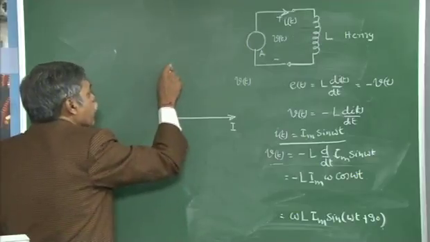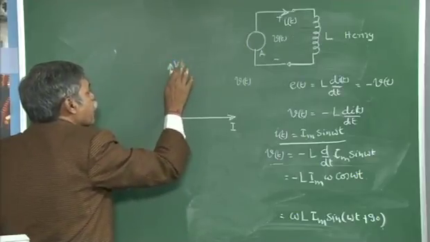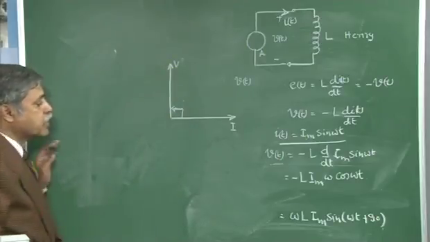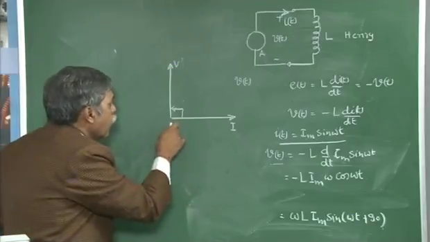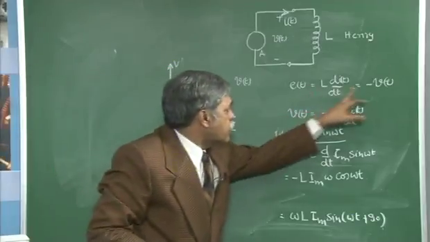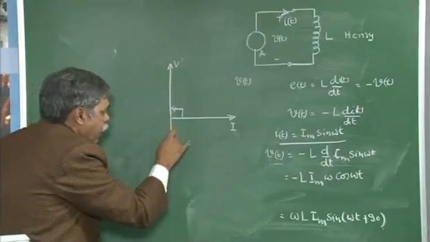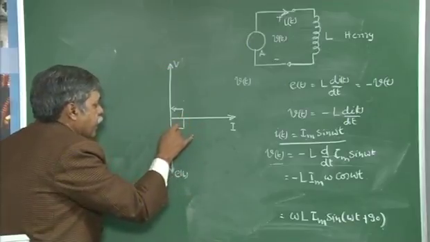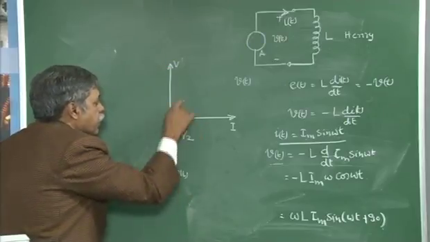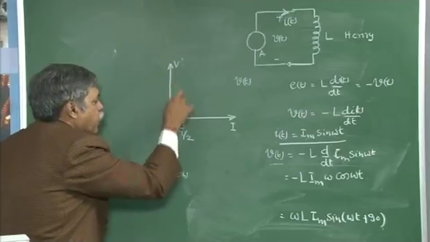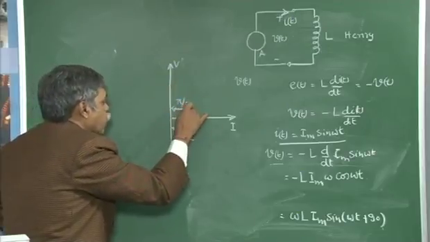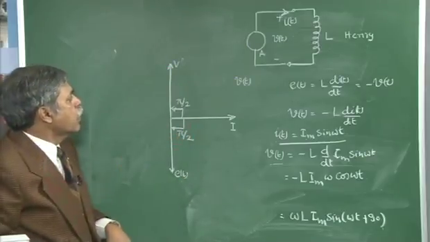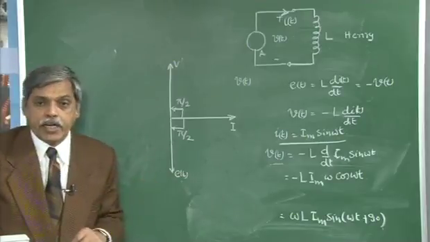The voltage V is at plus 90 degrees, or pi by 2 radians. Since E of t is equal to minus V of t, the induced voltage E of t lags behind the current by pi by 2. The terminal or applied voltage is leading the current by pi by 2, and the induced voltage is lagging behind the current by pi by 2. So this is the phasor diagram for a pure inductor.